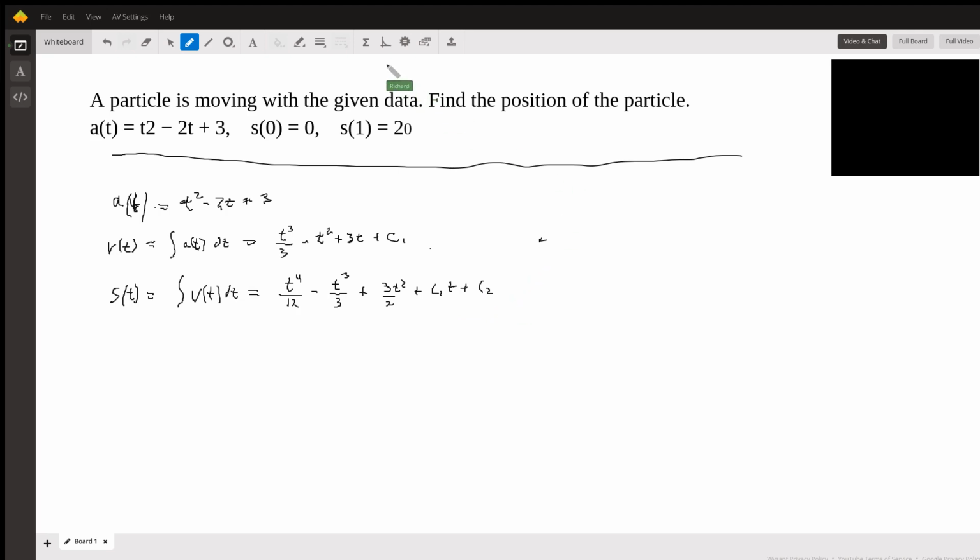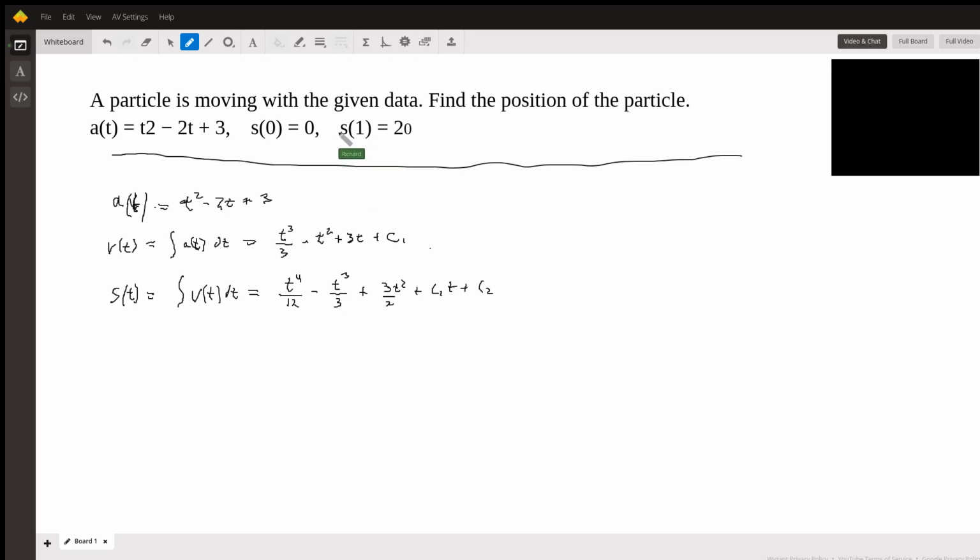Okay, so that's just straightforward application of the power rule. And I think this looks right. That's right. And then this one looks right as well. Okay.